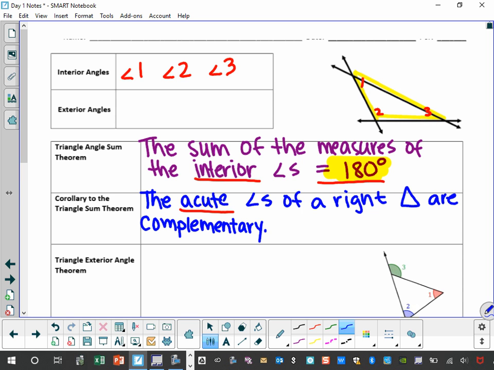What that means is, complementary are two angles that add up to give us 90 degrees.